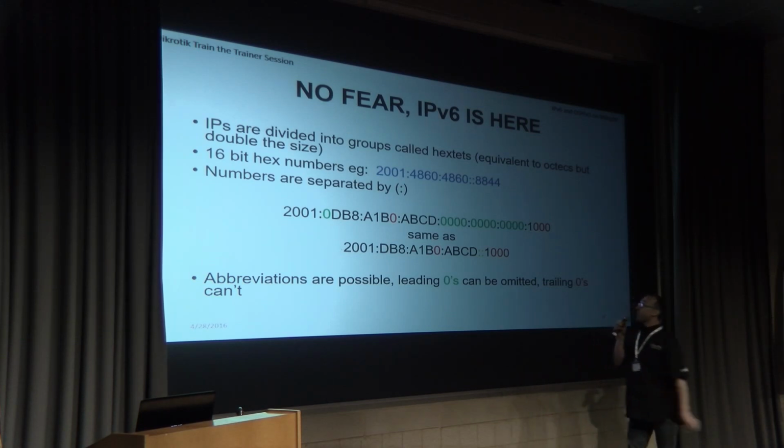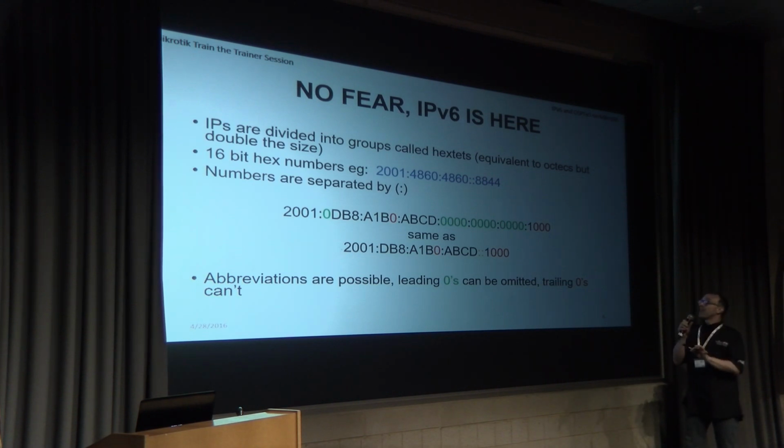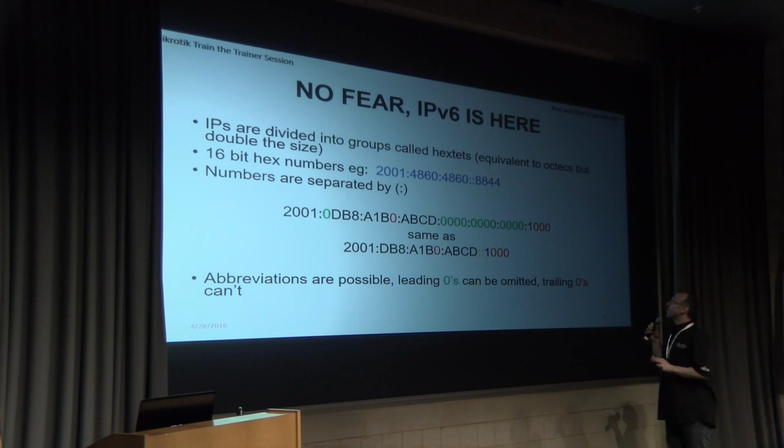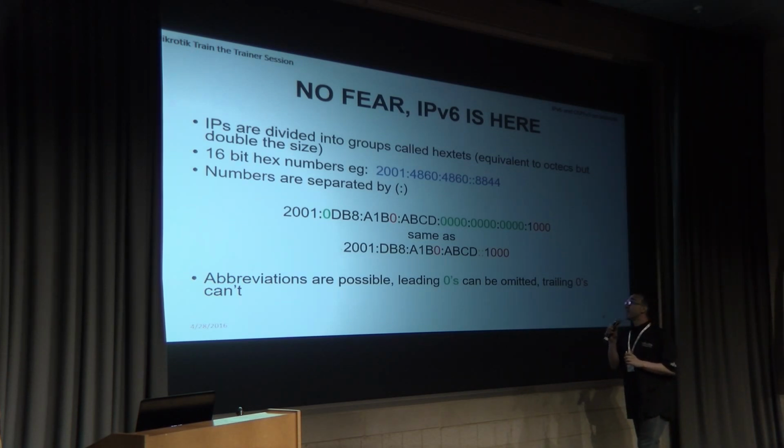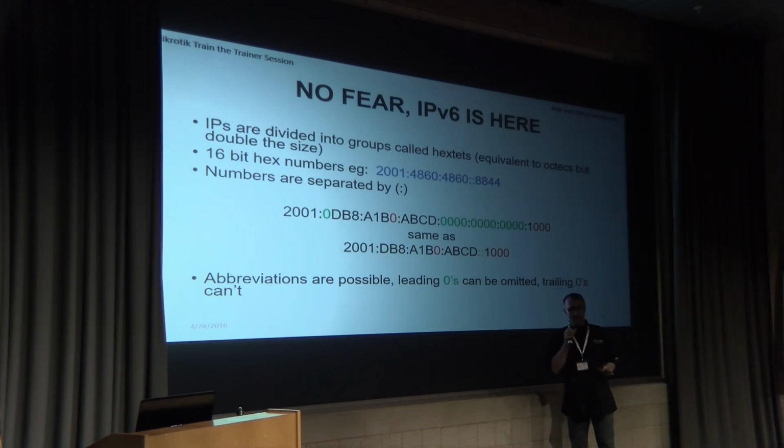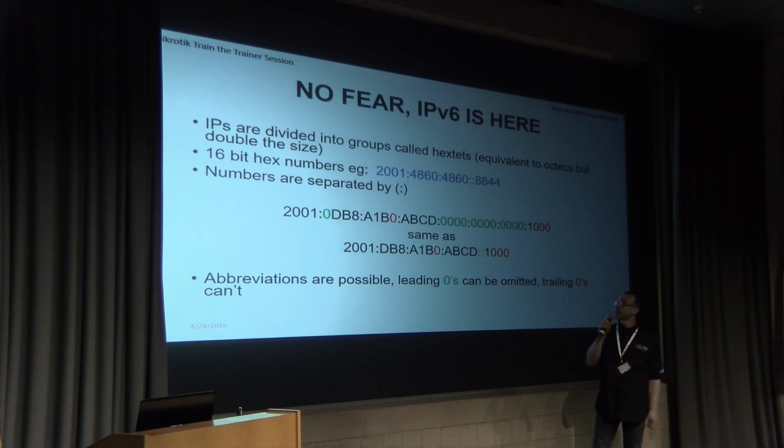So basically, there are rules for abbreviating the addresses. If you have a consecutive run of zeros, bear that in mind, all zeros, you can just replace that run of zeros with a double colon, as you see in the example below.